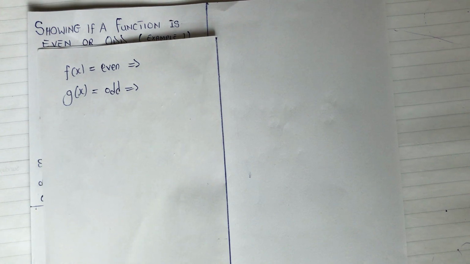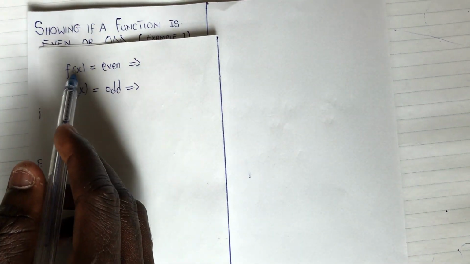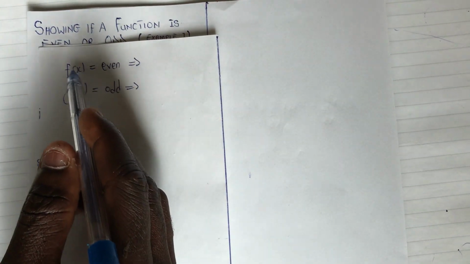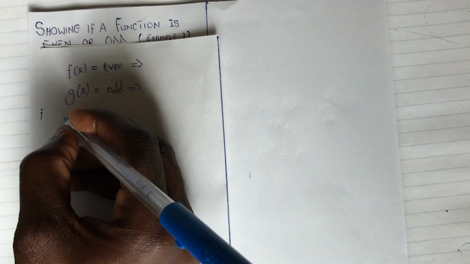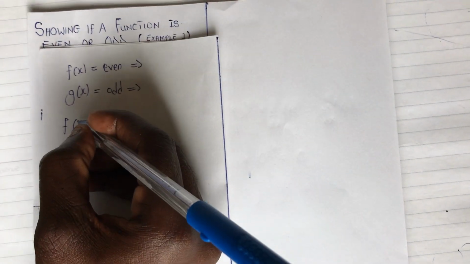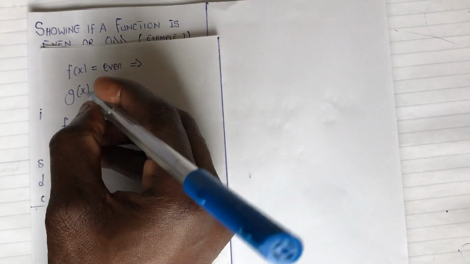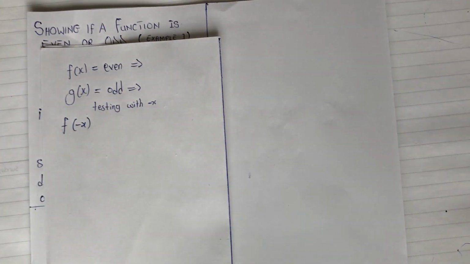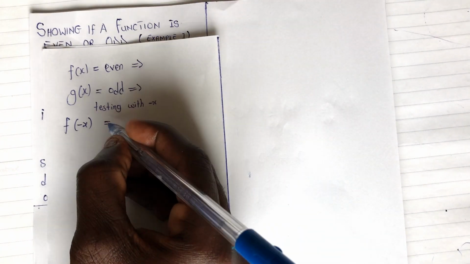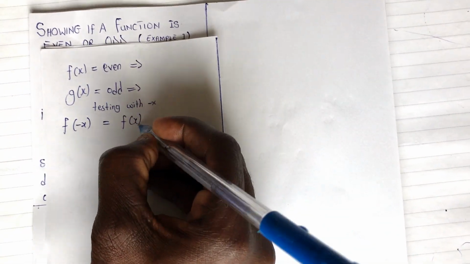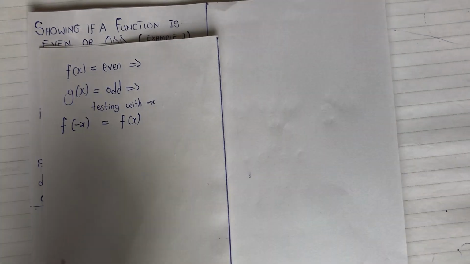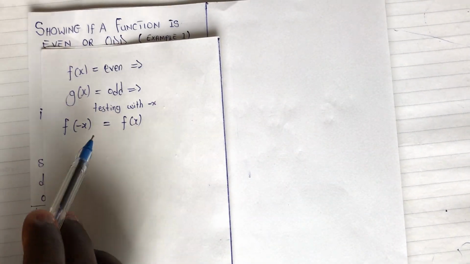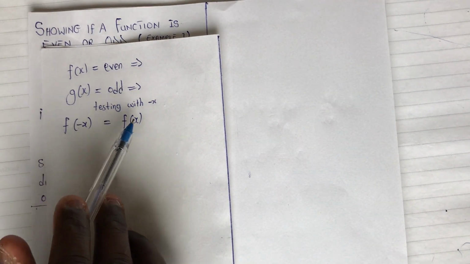Then what this means is that if we want to check for an even function, we have to test the whole result with a negative x. So f of negative x, we can say something like testing with negative x. We always use negative x to test. F of negative x will result into what? F of x. For even functions, f of negative x will give you f of x.